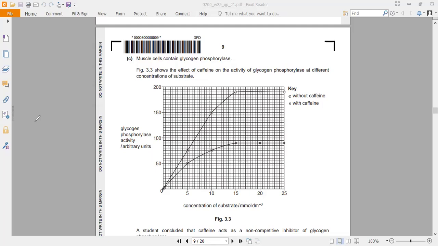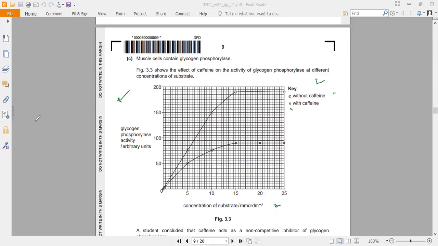You can see the two graphs. On the x-axis, the concentration of substrate has been taken. On the y-axis, the glycogen phosphorylase activity has been taken. In the key, a dot inside a circle is used when there is no caffeine. When there is caffeine, they have put a cross mark.